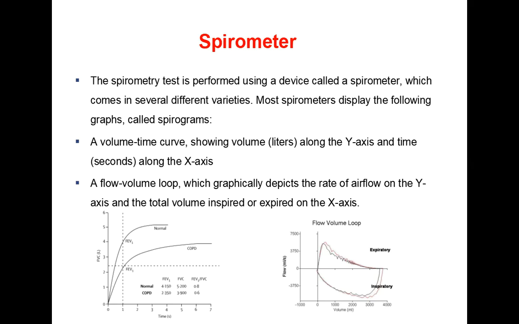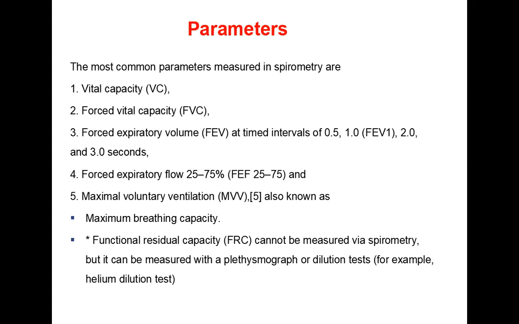The most common parameters measured in spirometry are the vital capacity, forced vital capacity, and forced expiratory volume, which can be calculated at 0.5 seconds, 1 second, 2 seconds, 3 seconds. Forced expiratory flow can be measured at 25%, 50%, up to 75%.